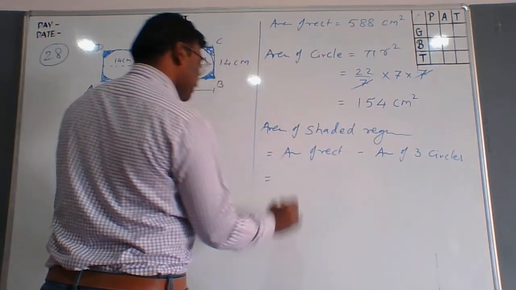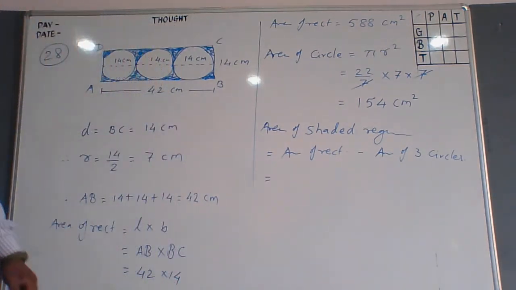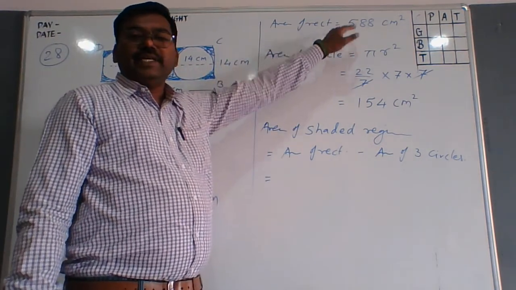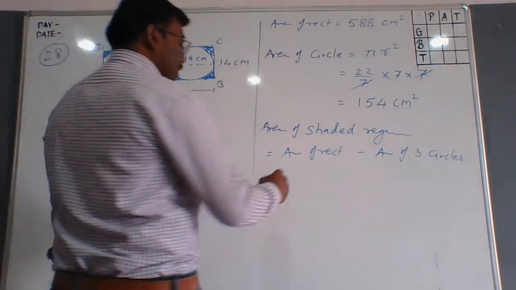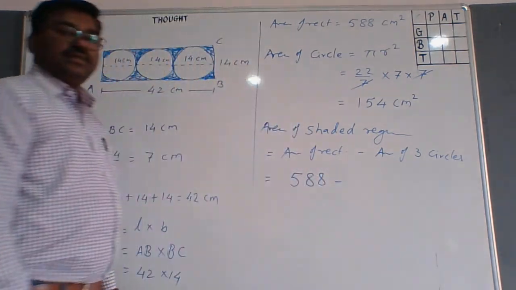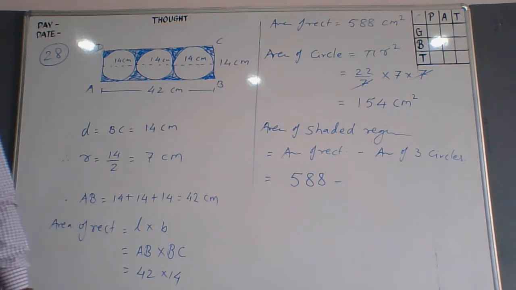Okay. So the area of the rectangle, we already calculated, it is 588. So here we can write 588 minus the area of three circles.